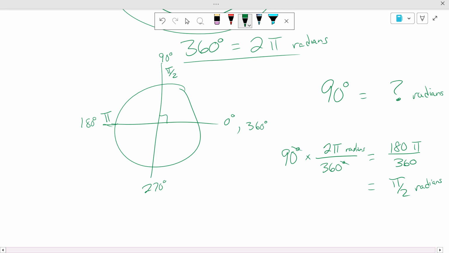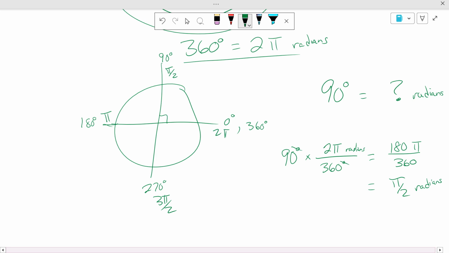And if 90 is 1/2 pi, 180 is pi, how big is 270? 1.5 pi, also known as 3 pi over 2. We use improper fractions in trig, not mixed numbers. So 3 pi over 2. So 360 is how many radians? 2 pi.